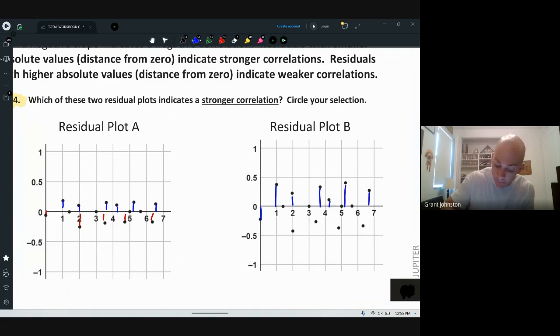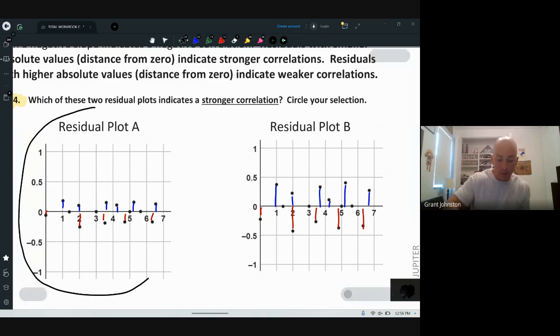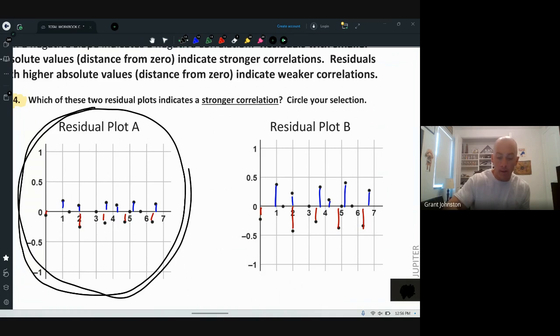Don't you see in residual plot A the data is tighter, it's closer together? That means this is a stronger correlation, residual plot A, because the data is tighter, it's more compact. That means if you think of your best fit line, you don't need to draw this, but if you think of your best fit line, our dots are close to it.